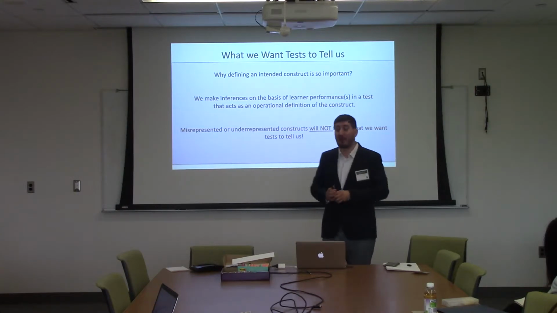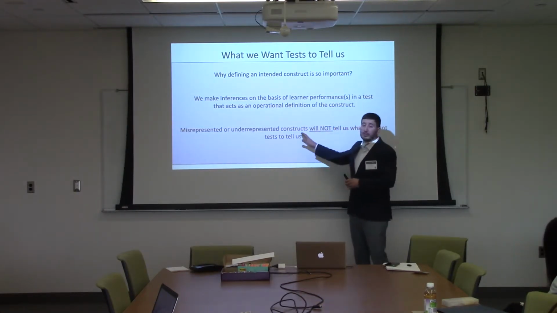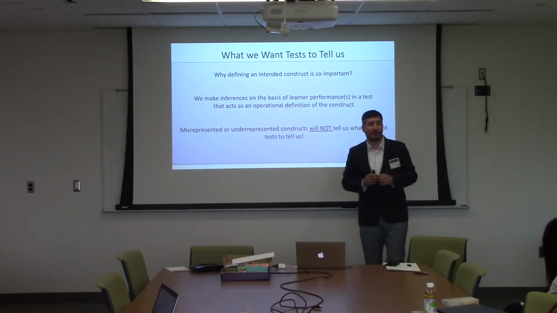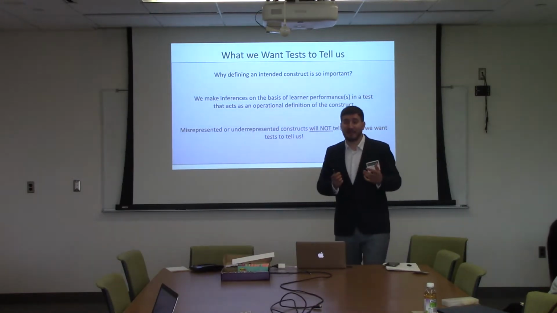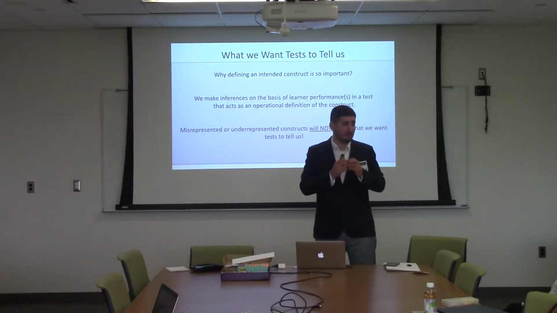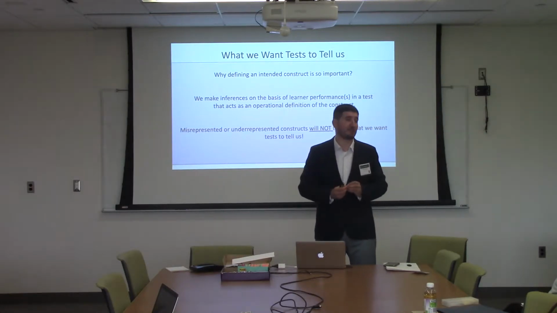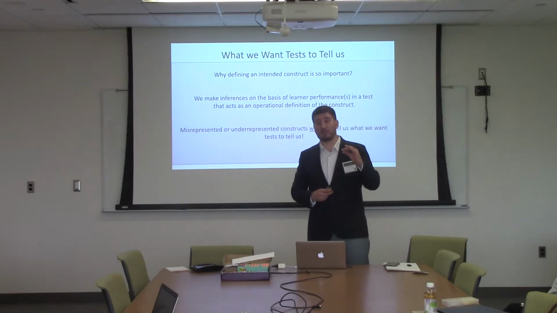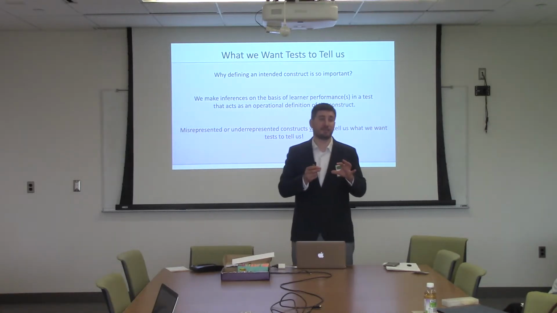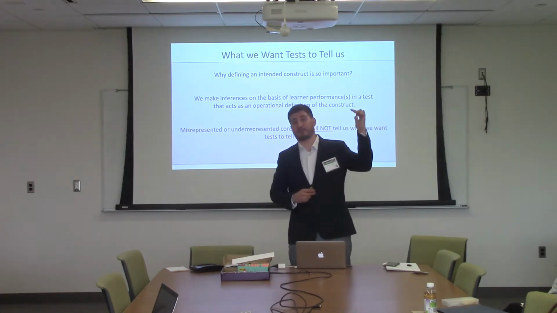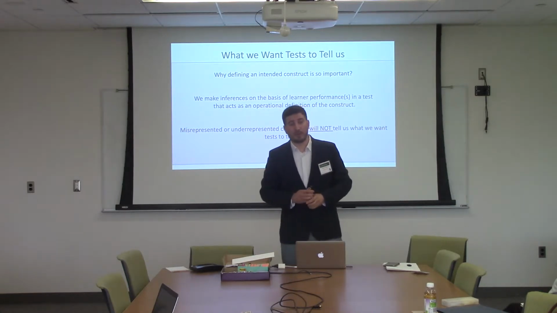And if we have defined that, but we couldn't test it, or we tested it but not enough, then whatever we get out of that test is gonna be misrepresenting that skill. Therefore, it is so important to design a test that is representative of that definition. Okay?